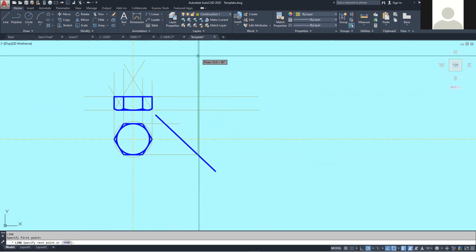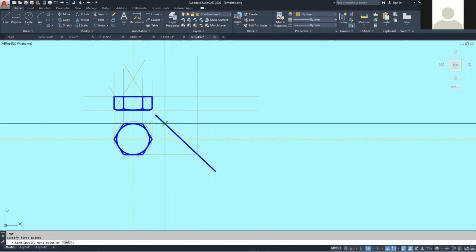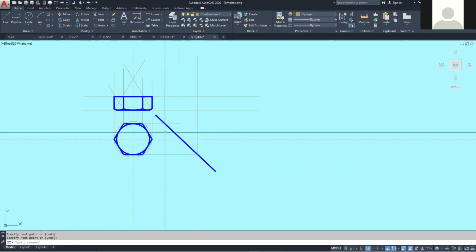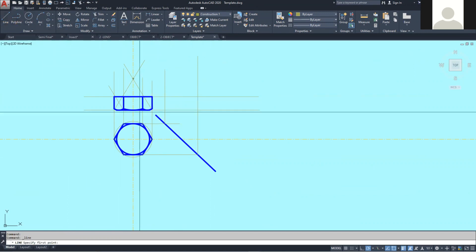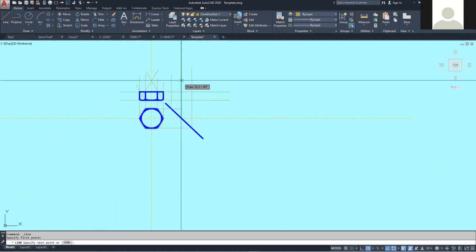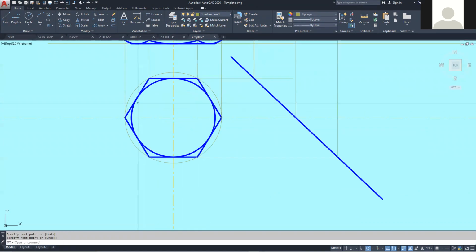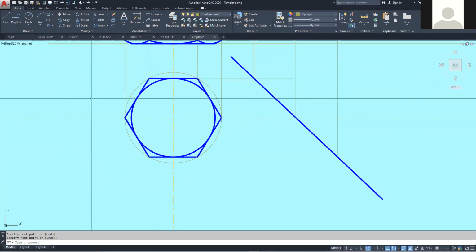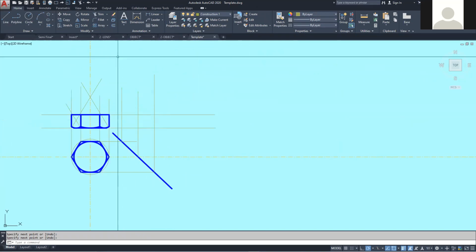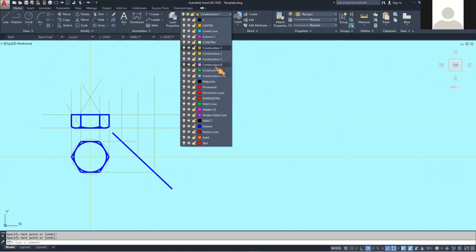And you carry this up, and you carry this up, and you carry this up. So if you're looking at the bolt from this side, it's going to be totally square.